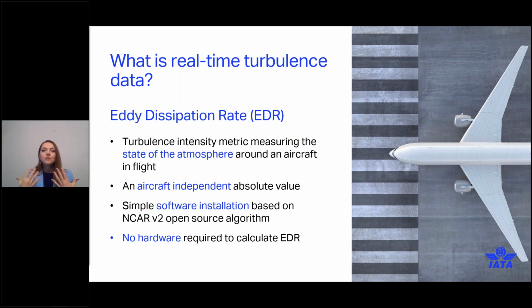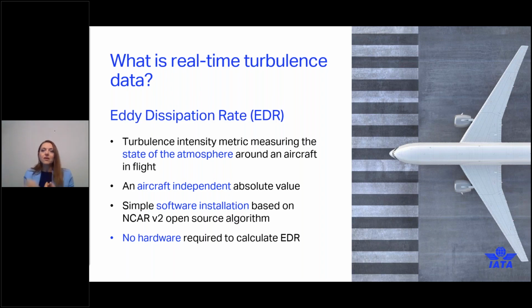Essentially, if you can imagine two boats in the ocean, one is a small vessel and another one is a massive cruise ship. When they hit a wave, they're both looking at the wave of the same size, for example, a 2-meter height wave. And this is similar to the EDR, which is measuring the height of the sea wave of the atmosphere around the aircraft in flight.